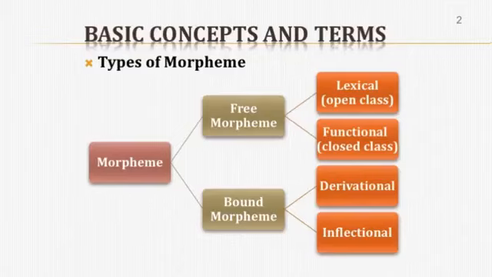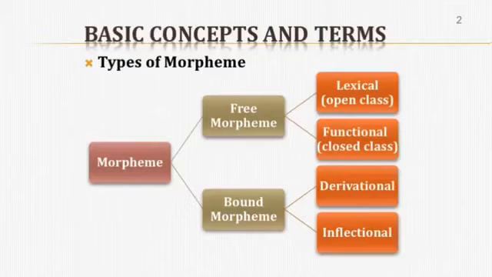And bound morpheme, derivational morpheme. If you know the meaning of the word derivational, derive means obtain. You obtain, you get something new. Therefore, when we have a derivational morpheme, it means by adding this morpheme, we create a totally new word.